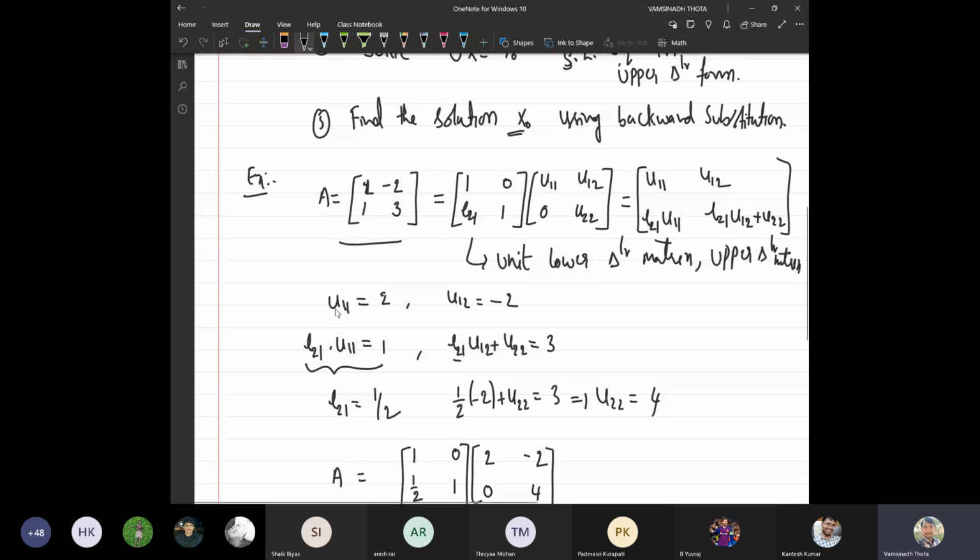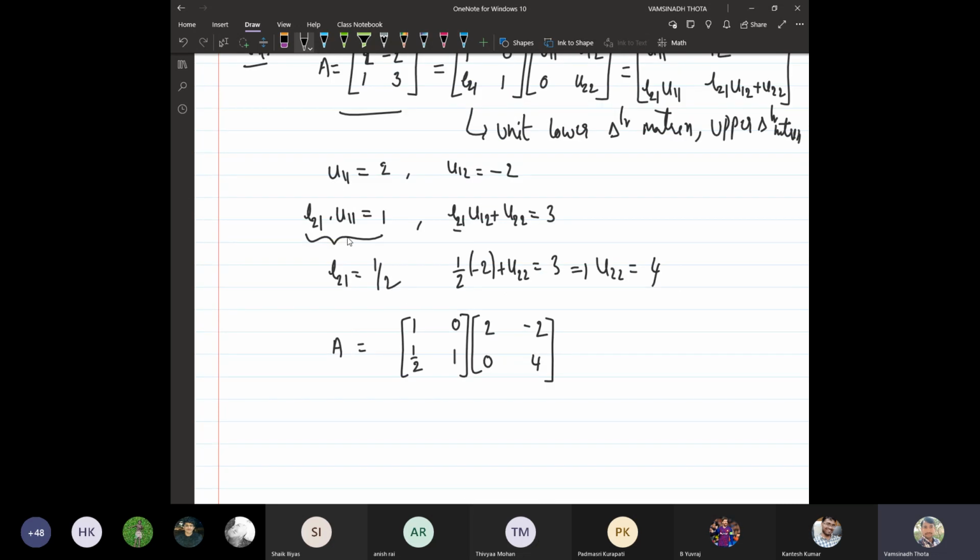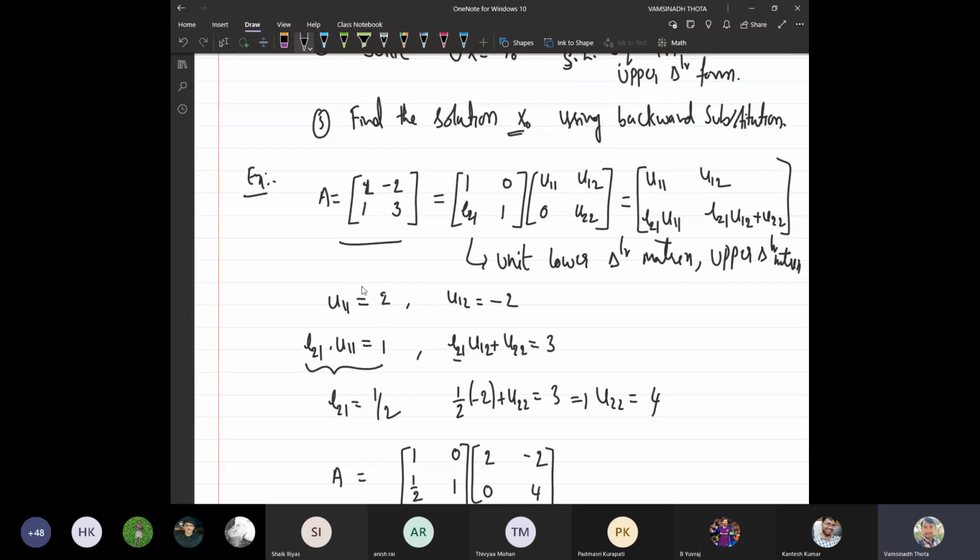But what will happen if U11 is 0? You cannot divide by U11, so evaluating L21 is not possible. U11 is actually equal to 2, but if you remember, this 2 is nothing but A11.